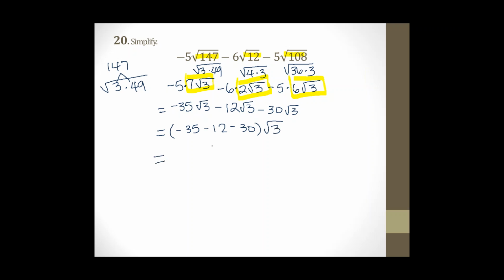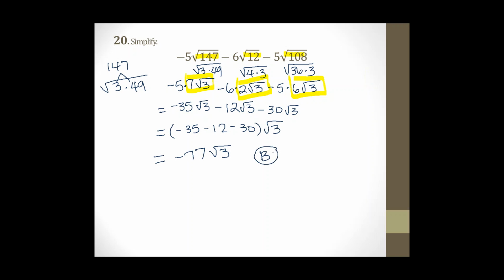And so negative 35 minus 12 minus 30 is negative 77 times root 3. So this is my final answer, and that is letter B.